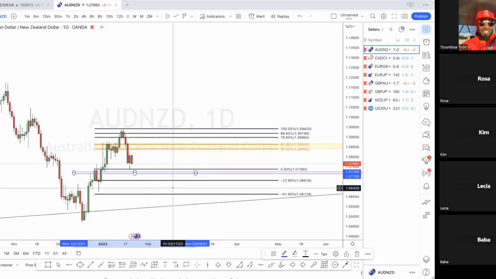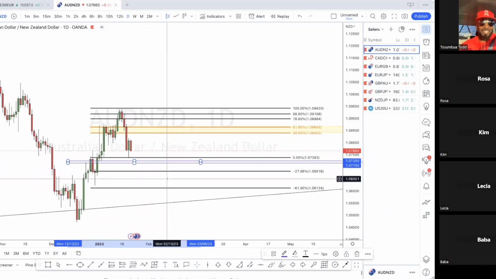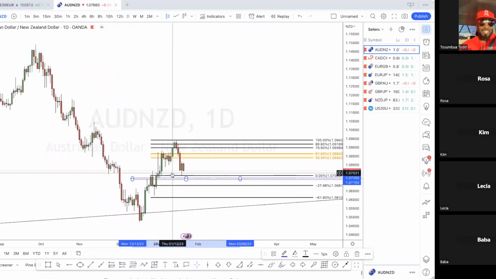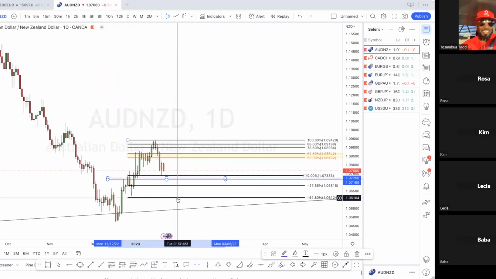I'm sorry, the negative 27. Or price could come all the way down to the negative 61, fill in this imbalance, bounce off this trend, and then continue to the upside.